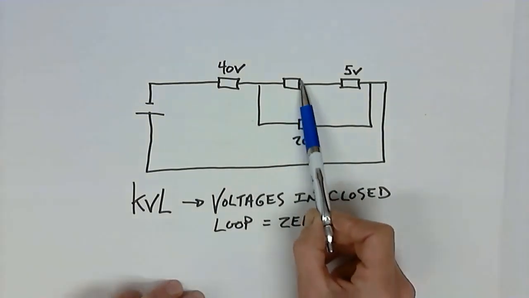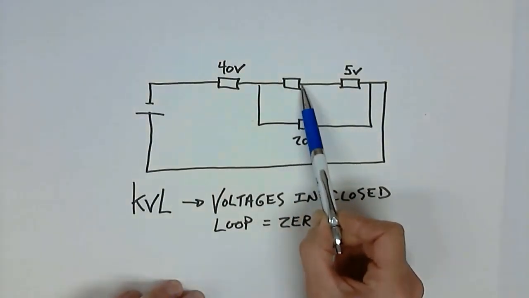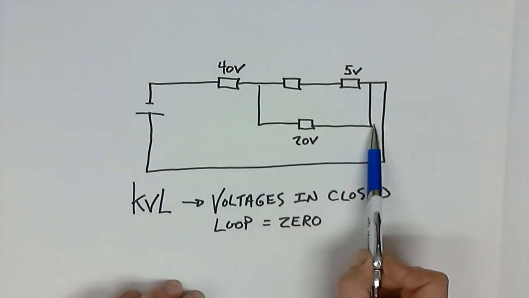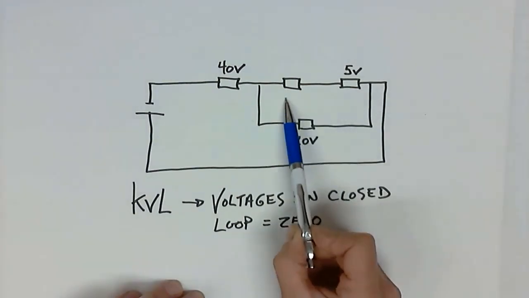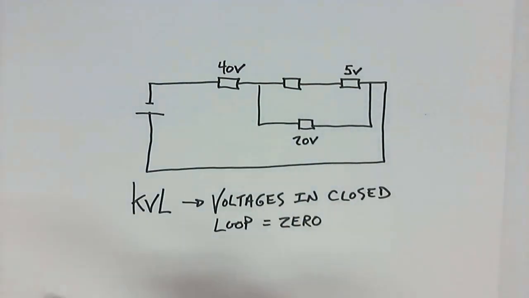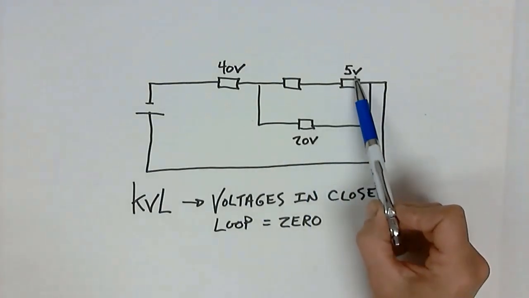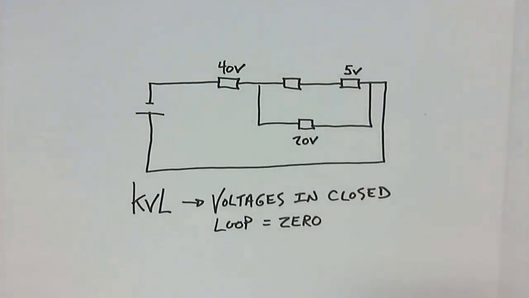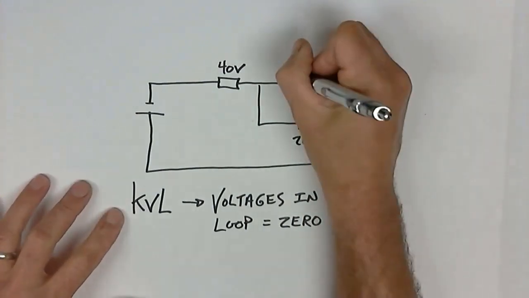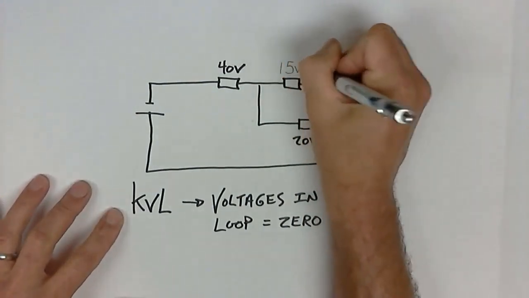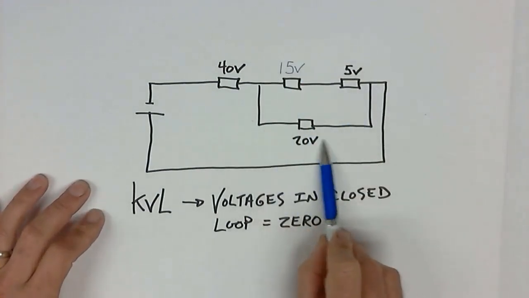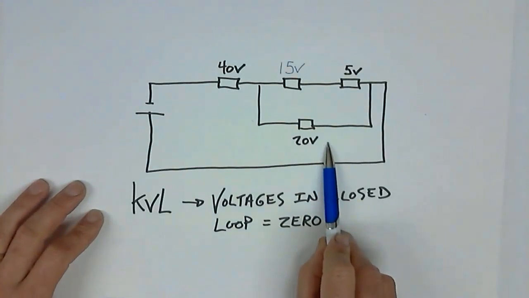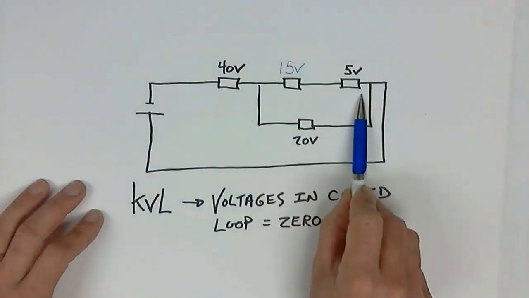So for this missing voltage value here, the 20 volts is from this point to this point. And if we were to go through a closed loop and add the voltages together with their assigned polarities, 20 minus the 5 volts would give me my missing 15 volt drop. Because remember, the voltage rise and drop must be equal. 15 and 5 is 20.